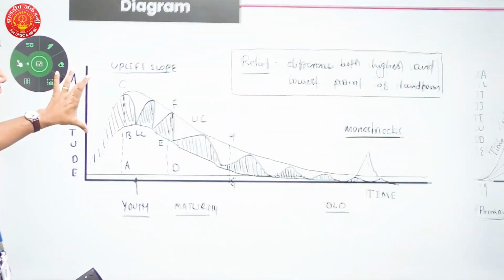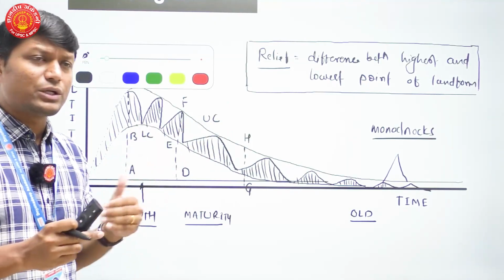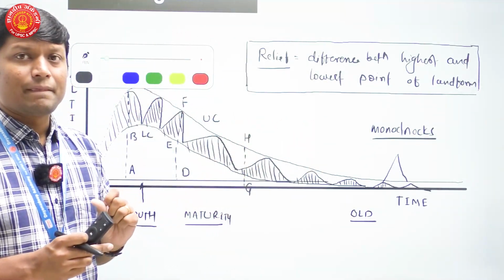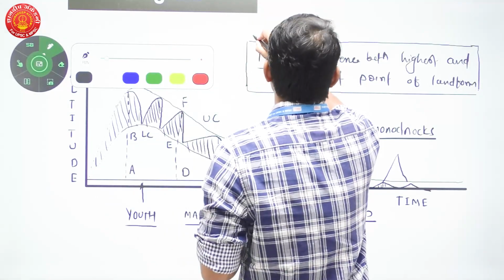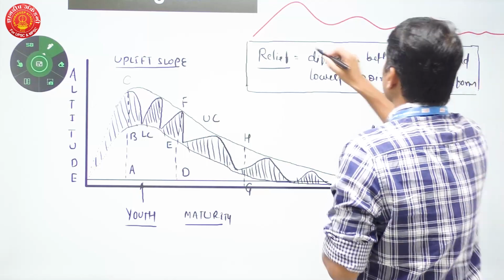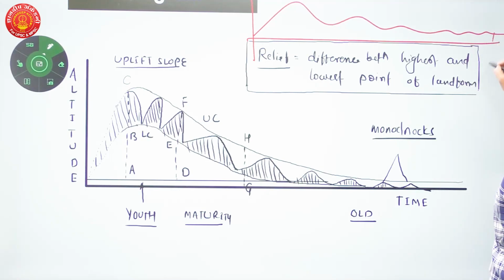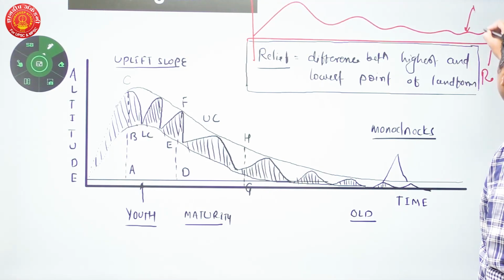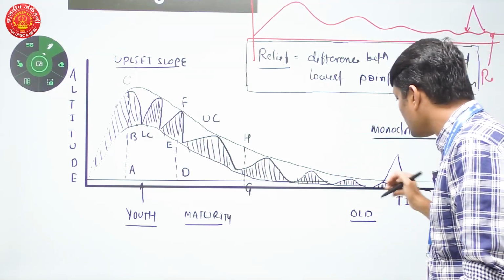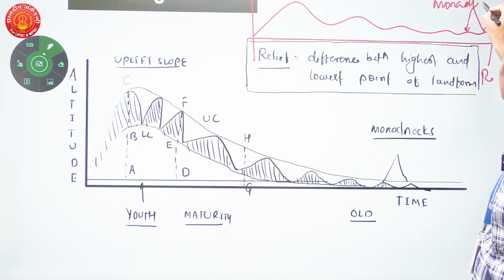So let us see the diagram. What we have to show here. Look at this particular diagram. Now when you are writing for this particular question, it is not at all necessary that you make such a detailed diagram. It will be fine even if you are just drawing that, see, this is how with time a high relief is getting converted into a low relief, and the final product here is the peneplain, and then there are some low lying hillocks which are breaking the monotony of this low lying plane, which will be called a monadnock.